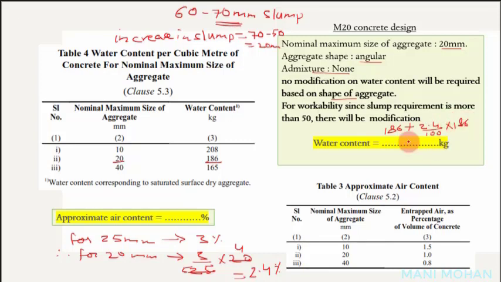So the total water which you need to use is 190.46. So as per calculation, it is coming 190.46 kg. Let us say you use 190 kg. So here you see, you have determined the amount of water that you can use for M20 grade.